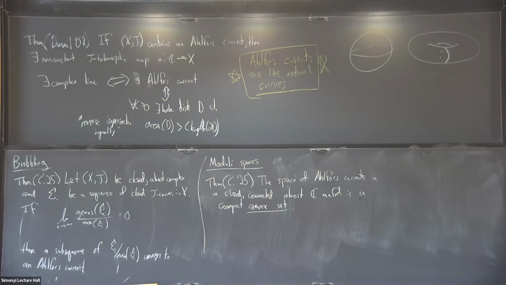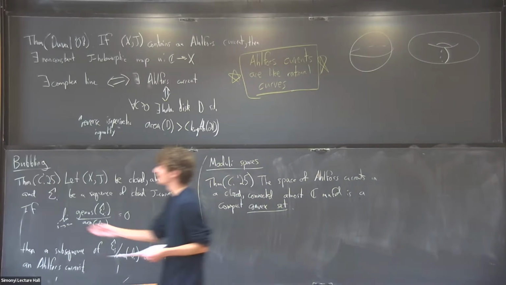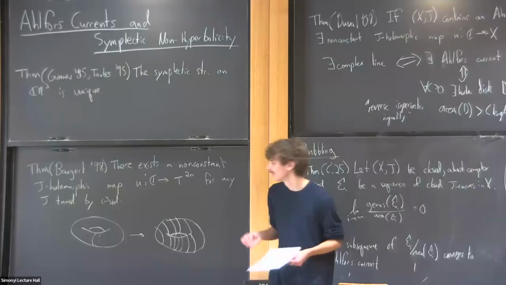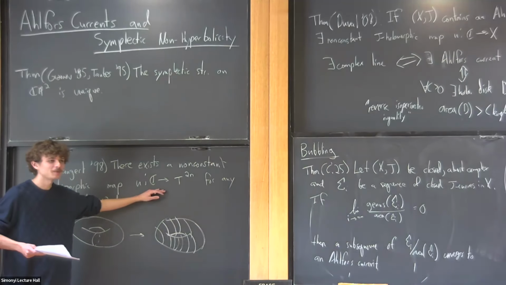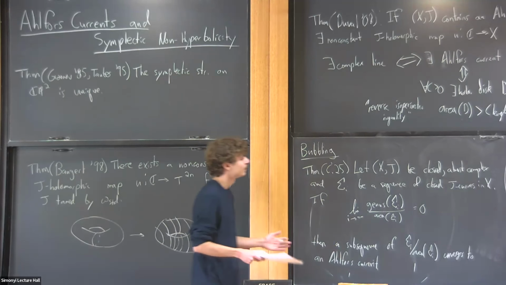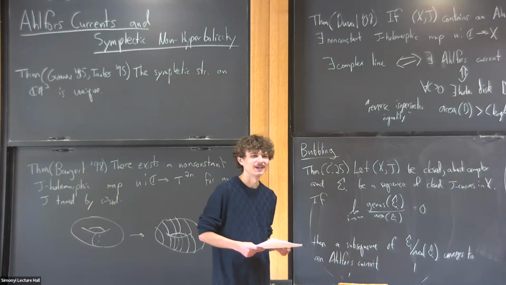Yeah, so just to summarize, I think this theorem by Bangert is amazing. It says that there's something new to study, and it's connected to complex geometry. There are a lot of things in complex geometry that connect with these kinds of objects. And Ahlfors currents, I think, open up the study to symplectic and topological methods.